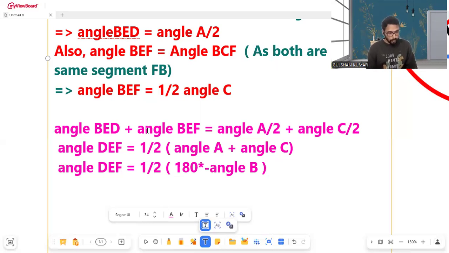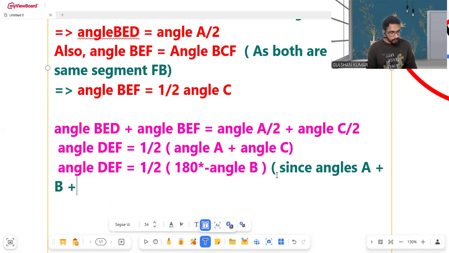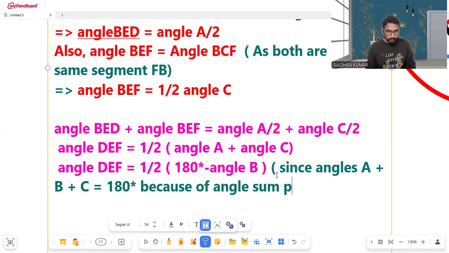This is because angles A plus B plus C will be equal to 180 degrees, due to the angle sum property of the triangle. Clear?